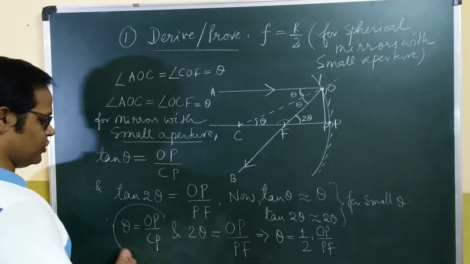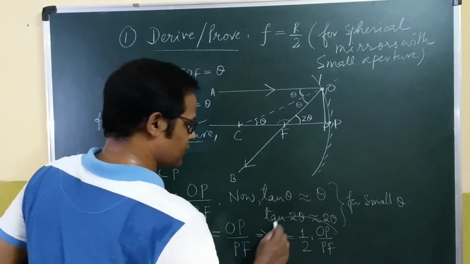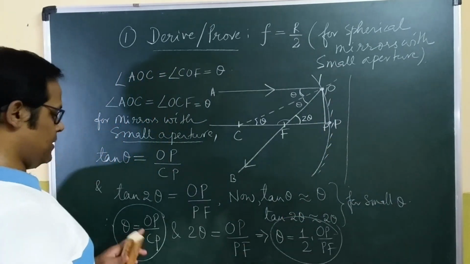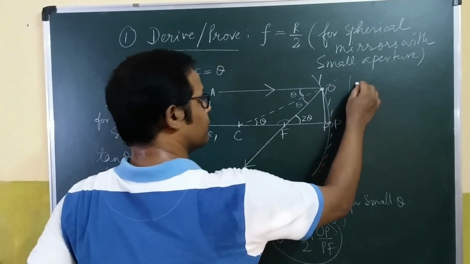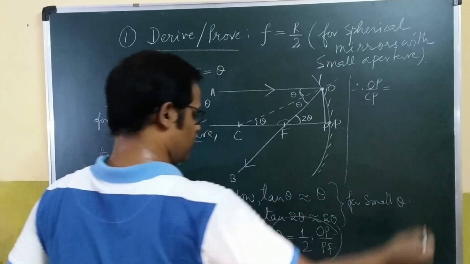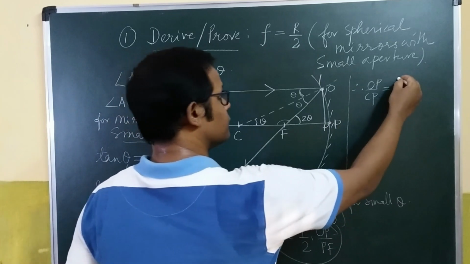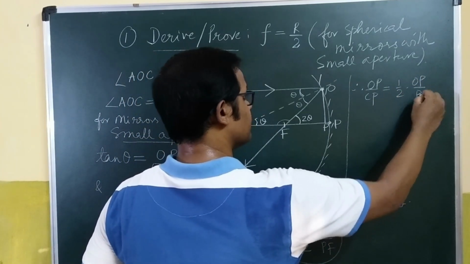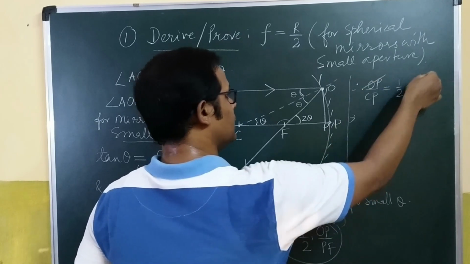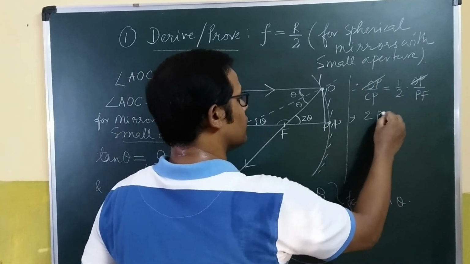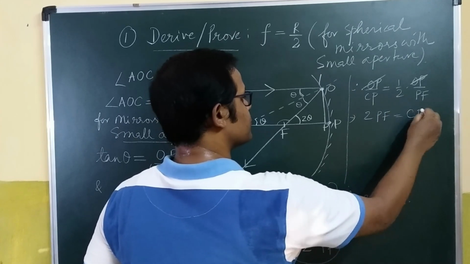If theta equals this and theta equals this, so let me finish it off here. OP by CP should be equal to half of OP by PF. Very simple. OP gets cancelled off and you find that 2 times PF equals CP.